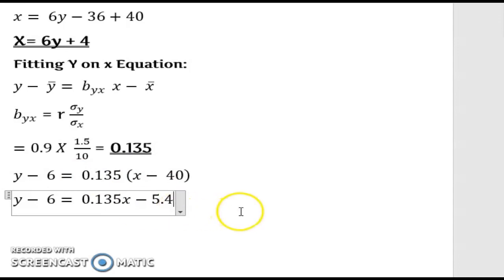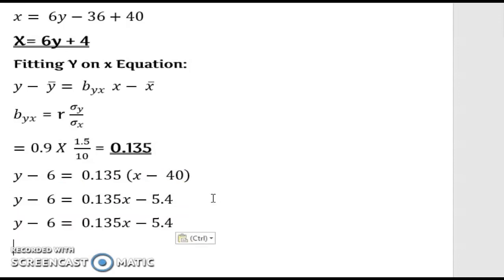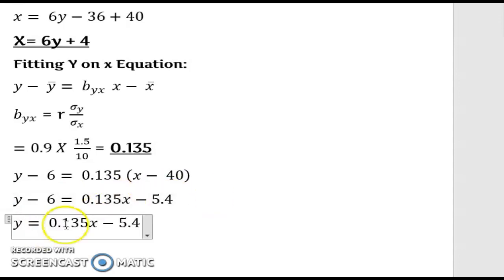Okay, next we'll be taking minus 6 to the right hand side of the equation. So minus 6 goes to the right, that will become plus 6.